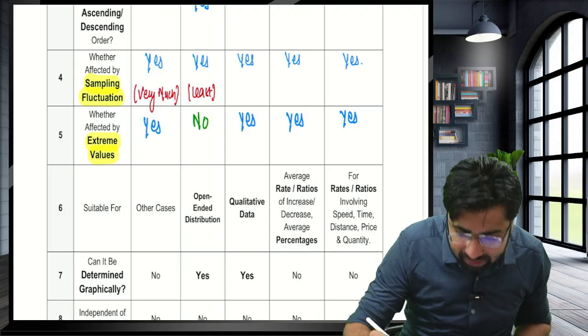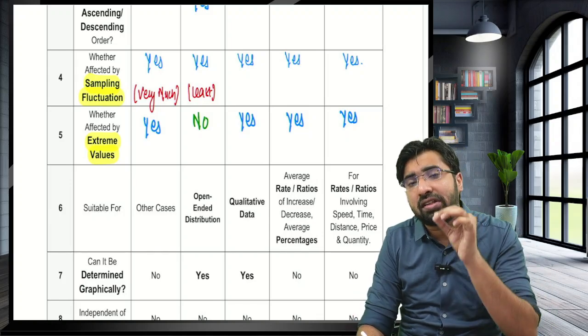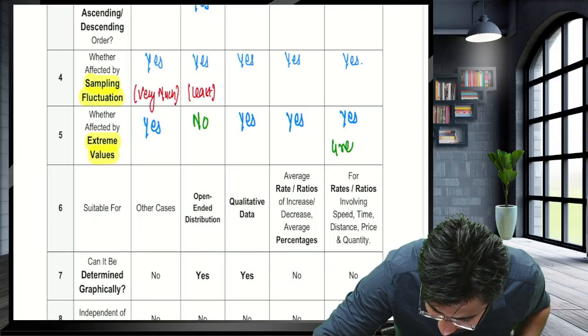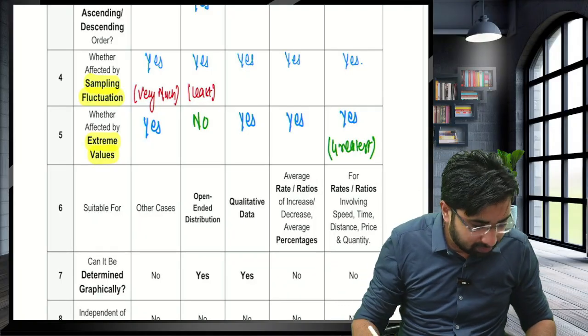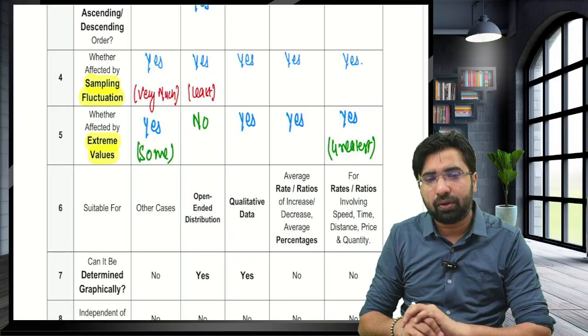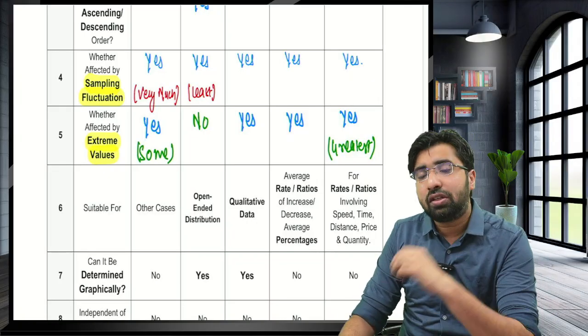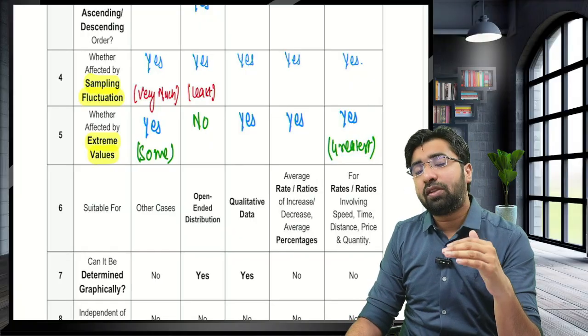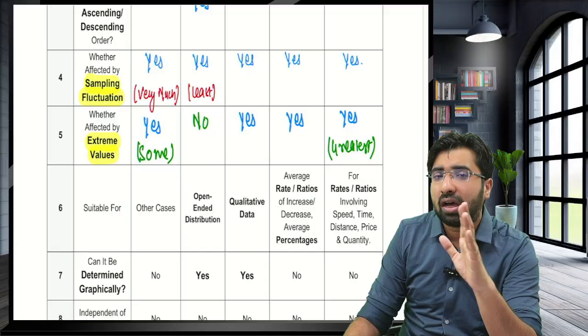Now, what they will ask is which mean has the greatest effect of the extreme value? So, guys, write down: the greatest effect is to the harmonic mean, and, guys, some effect to the arithmetic mean. So, by the extreme values, the one which has no effect, among partition values, is median, and the one having the greatest effect is harmonic mean.